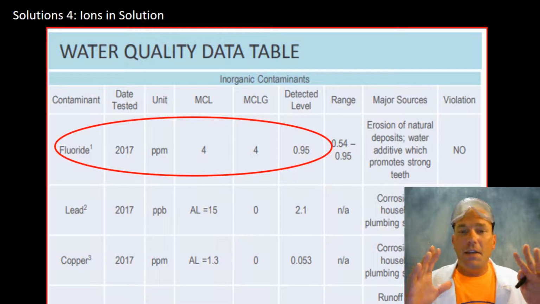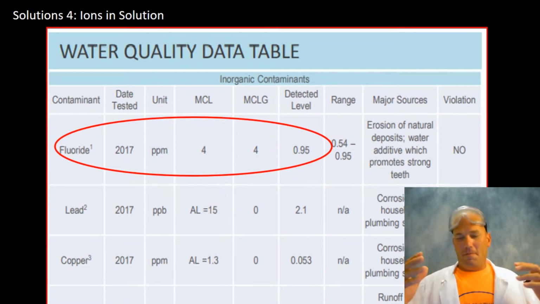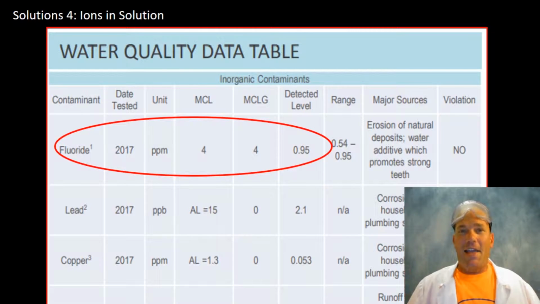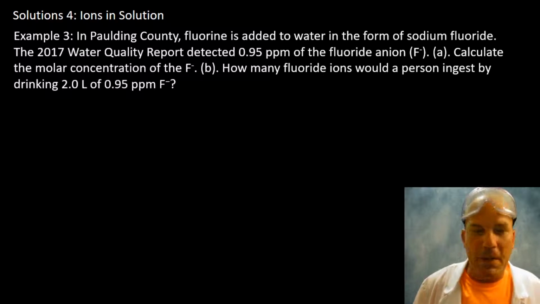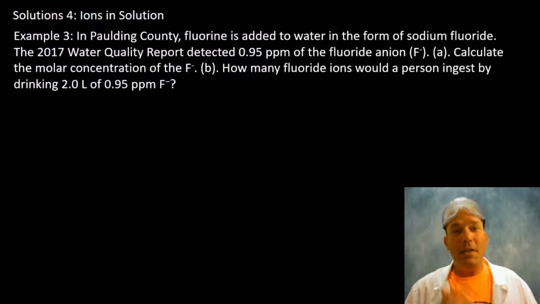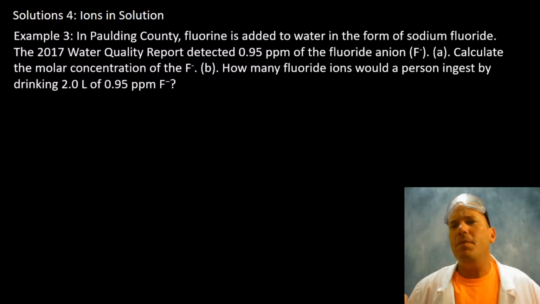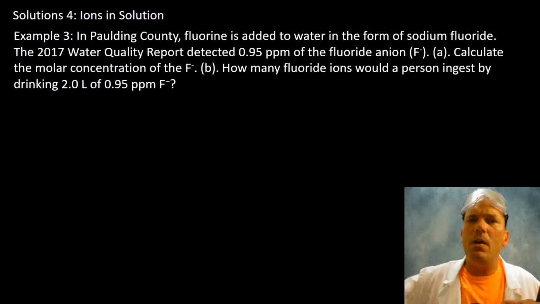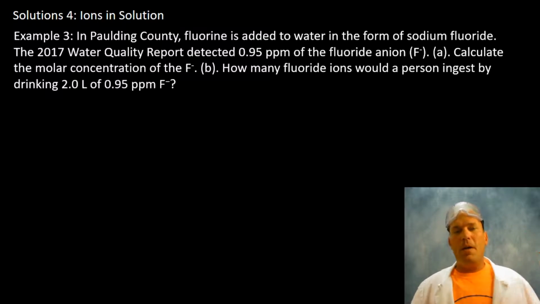So we're going to use this information to do a solution ion problem. And this will be our example 3. Okay, so in Paulding County, fluorine is added to the water, and it's added in the form of sodium fluoride. Now, there are other compounds that can also be added to water to fluorinate it, but I'm going with sodium fluoride on this problem.